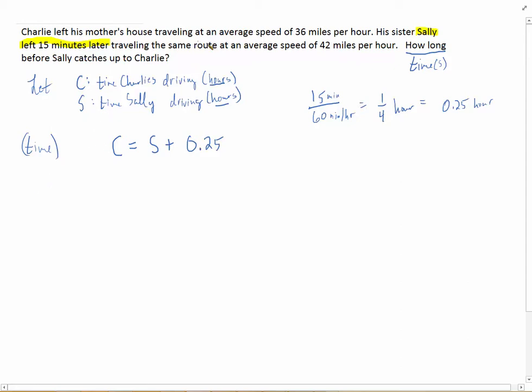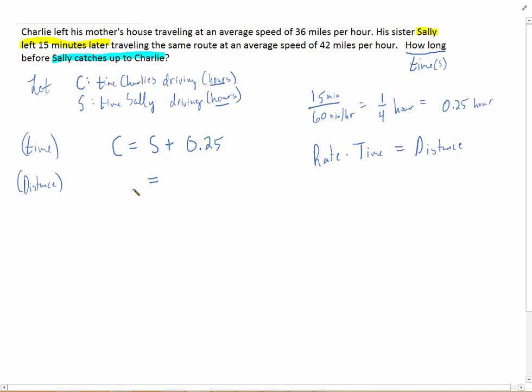Now, what else do we know? We know that Sally catches up to Charlie, which means that their distances must be the same. So let's come up with an equation for distances. Recall that rate times time is distance.